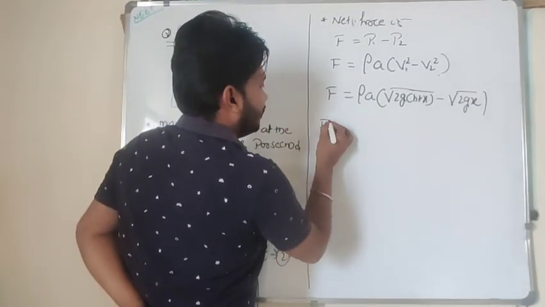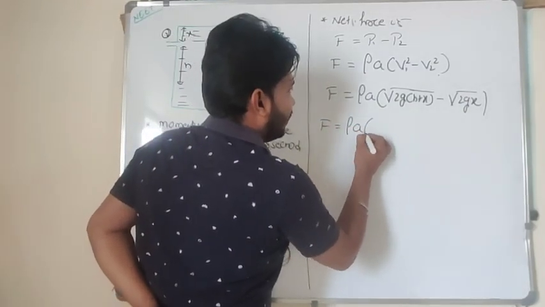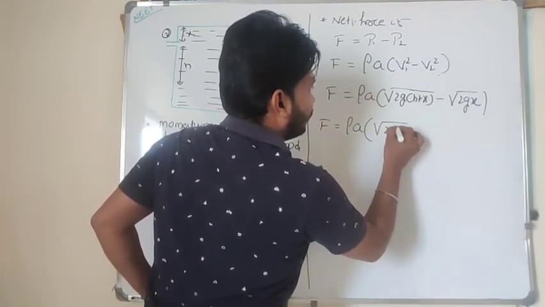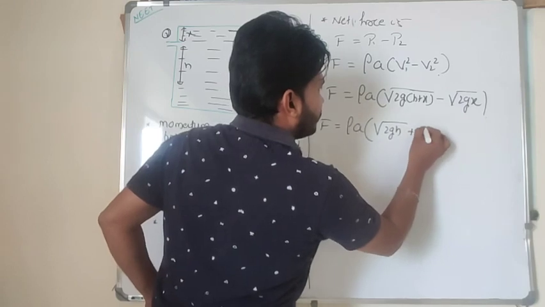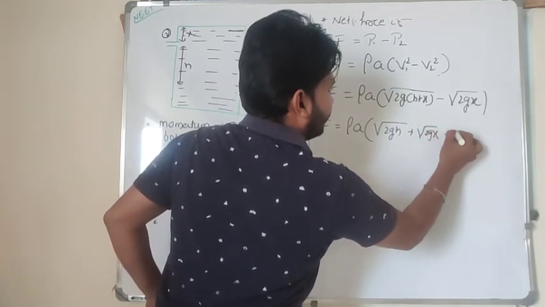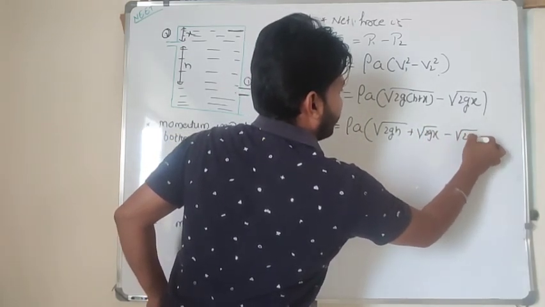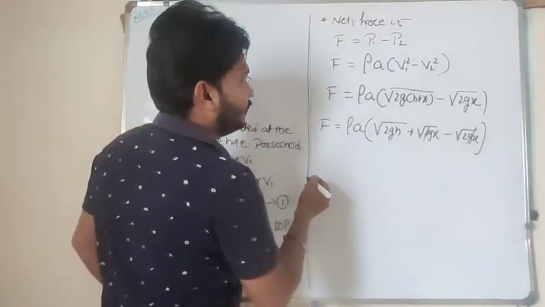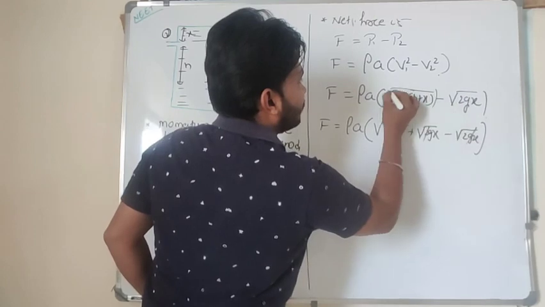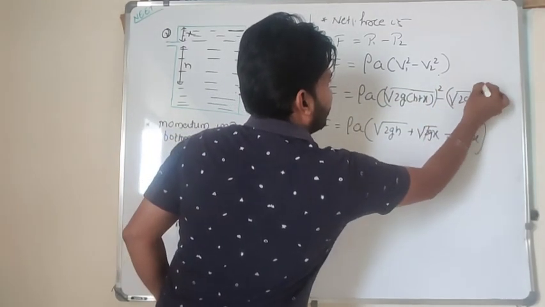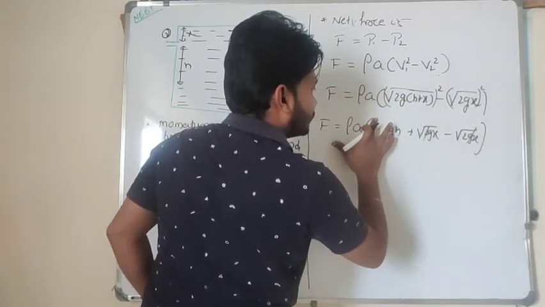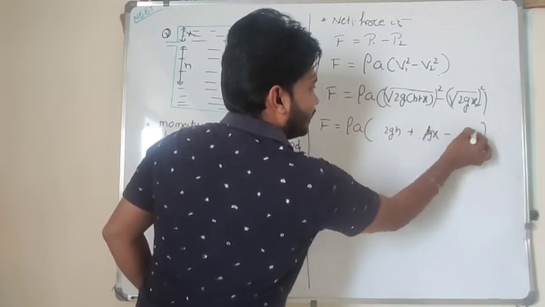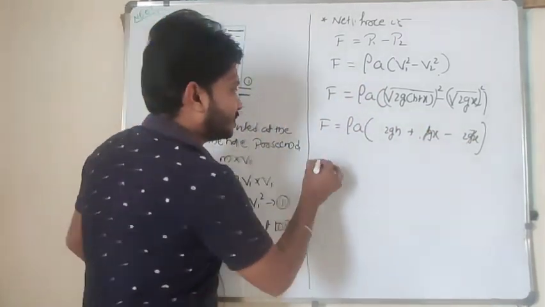For example, F is equal to rho into A into 2g(h plus x) minus 2gx. Here the square root term will get eliminated, and 2gx minus 2gx will cancel out.